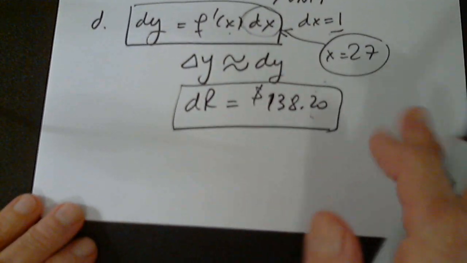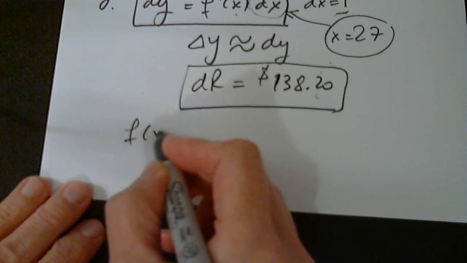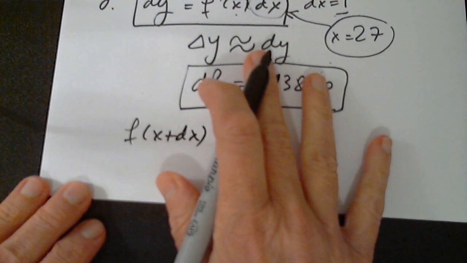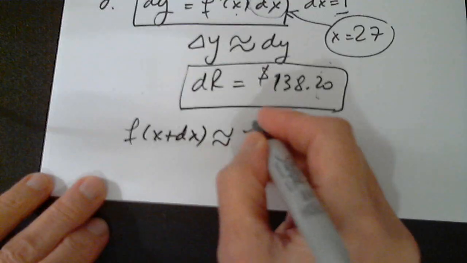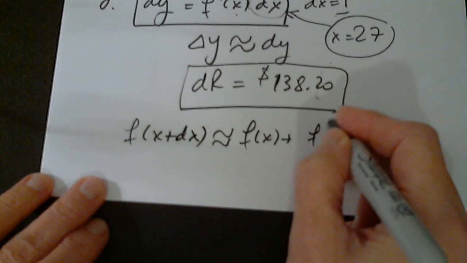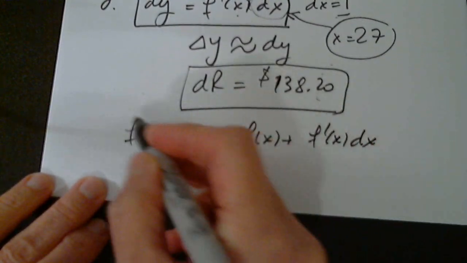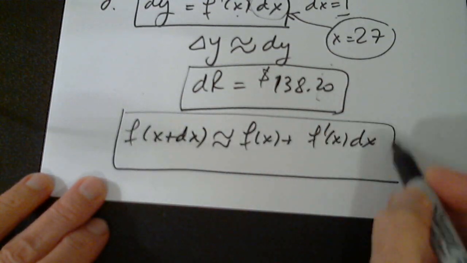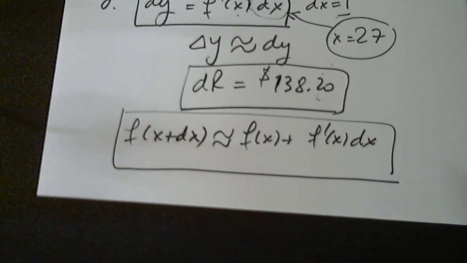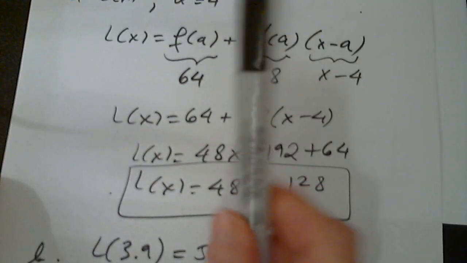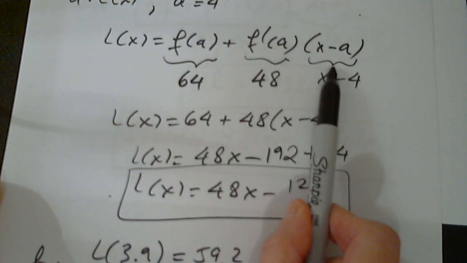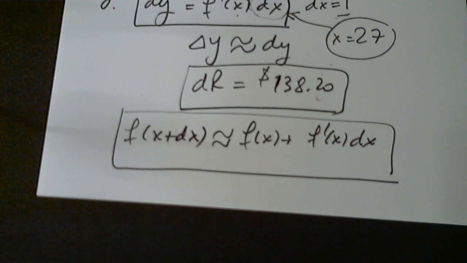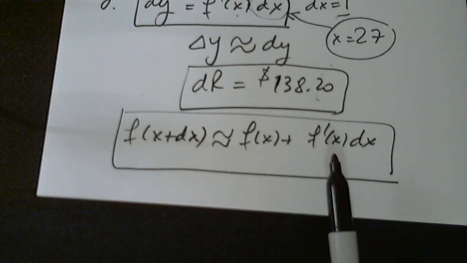Now, if they want us to find f of x plus dx, this is a very important formula, which is approximately f of x plus f prime of x dx, which is absolutely the same with this. Then it's a different story.